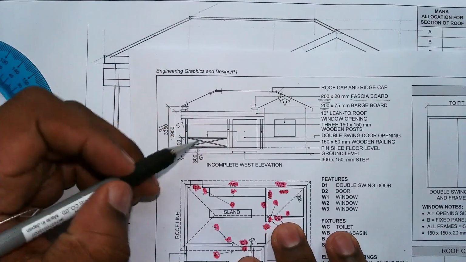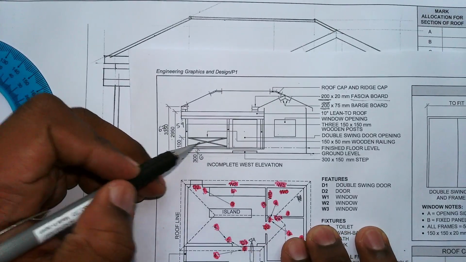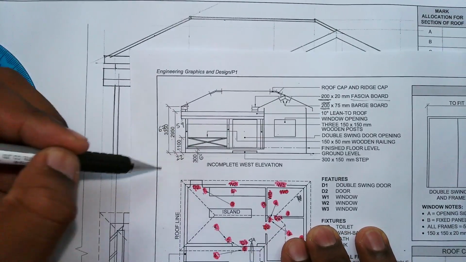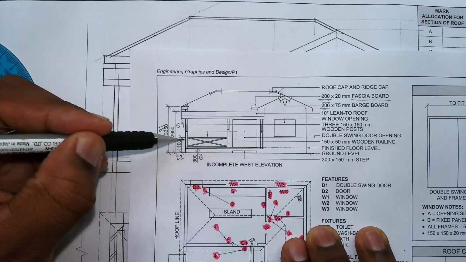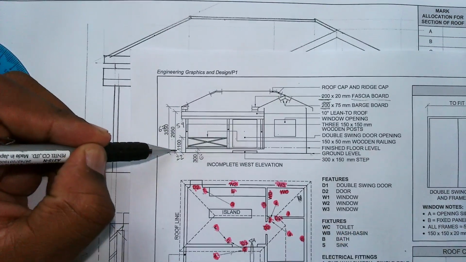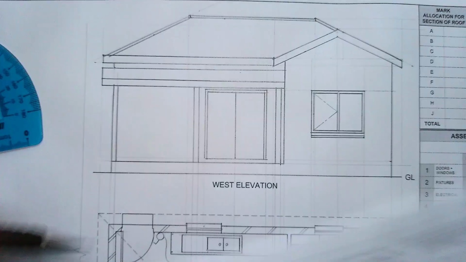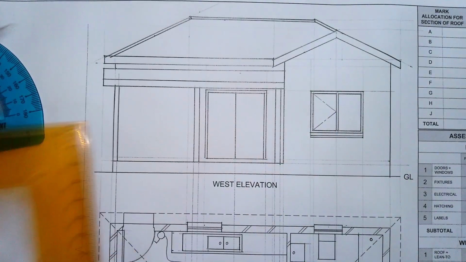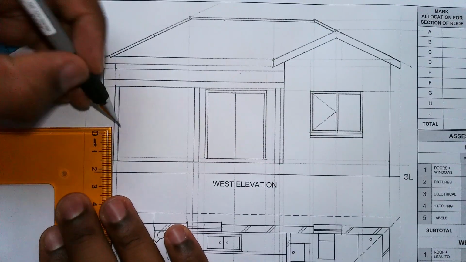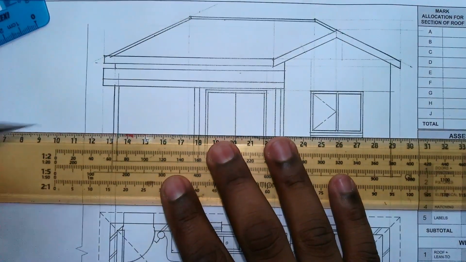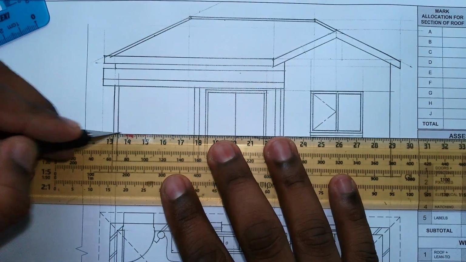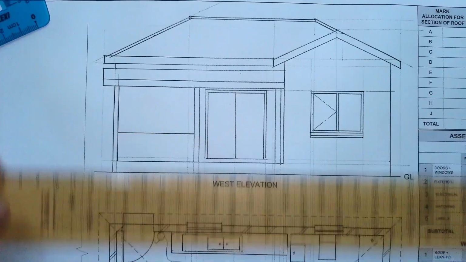So now I'll have to add the wooden railing there. So what's the height? Okay, the height from the ground level to where the railing is, it's 1100, which is 22. So measure 22 from the ground level going up, draw an outline there, okay.